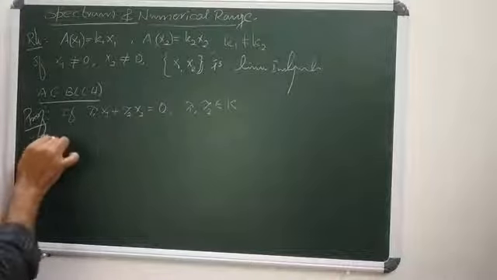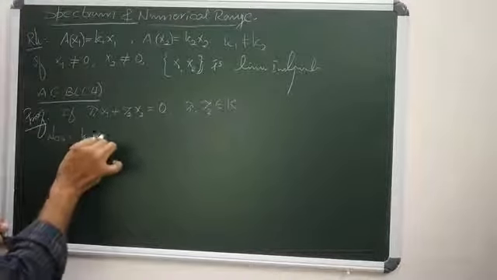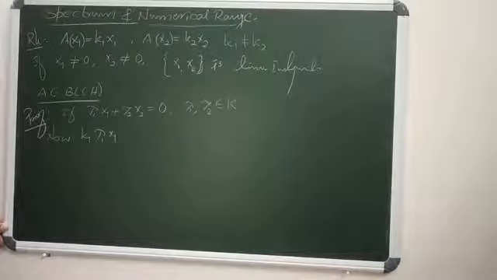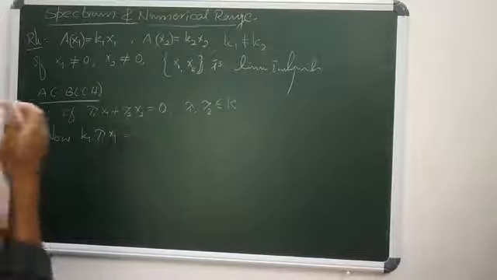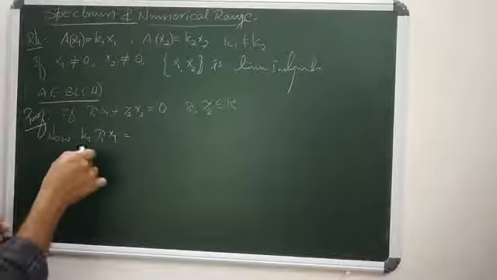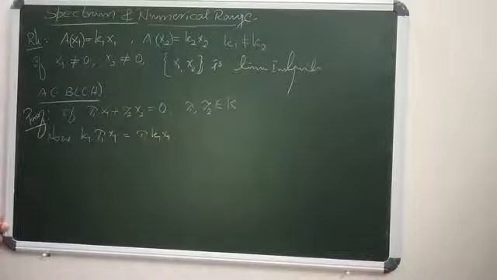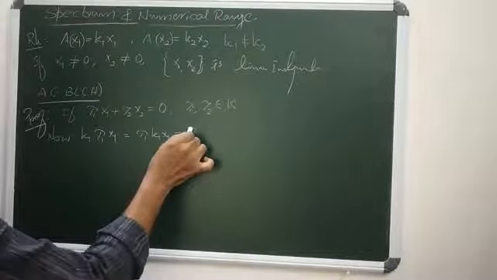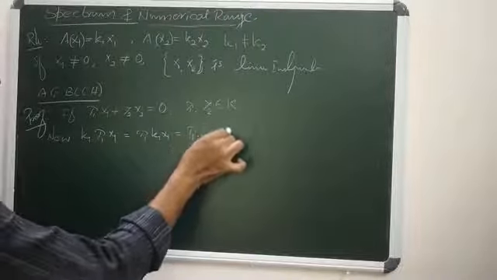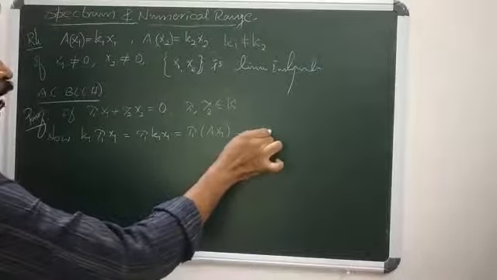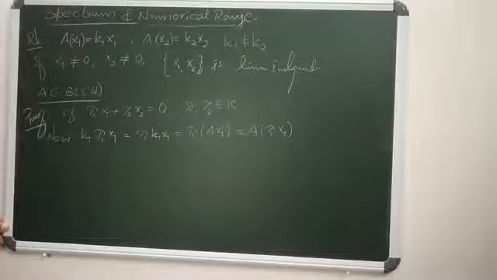Now consider k1 lambda1 x1. This equals lambda1 times k1x1, which is lambda1 times Ax1. But A is linear, so this is A of lambda1 x1.